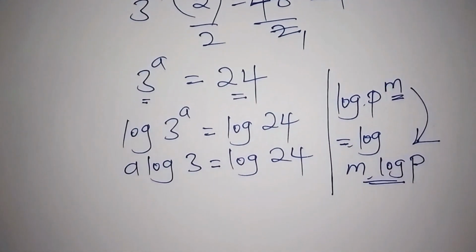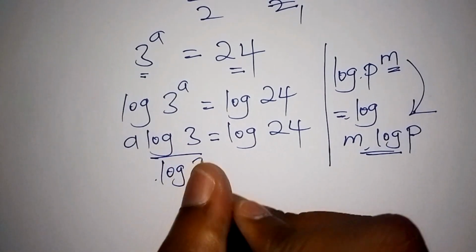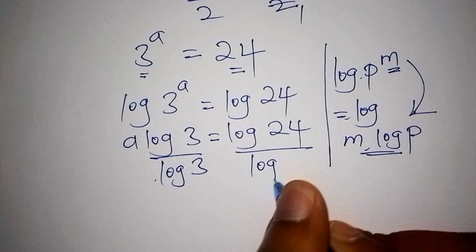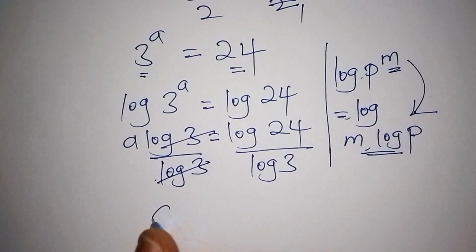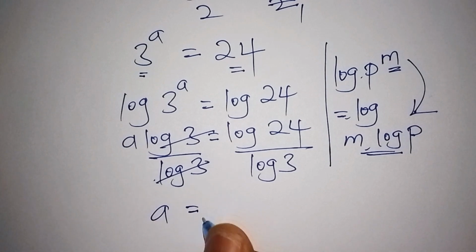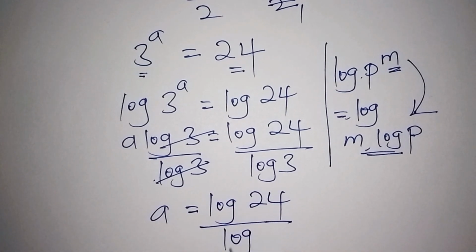From there we can divide both sides by the log of 3, so that the log of 3 and the log of 3 cancel. So now our a is equal to the log of 24 all over the log of 3.